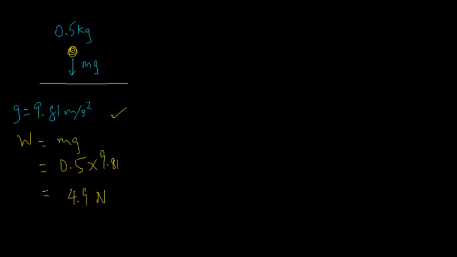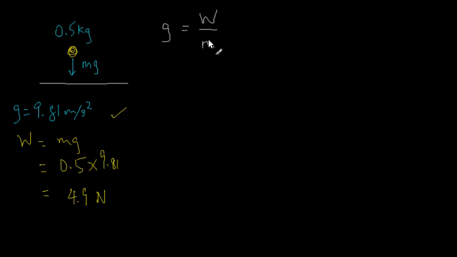So this is how it will look if I rearrange this equation. If I divide both sides by m, I get g is equal to the weight, which is the force of gravity, divided by the mass.